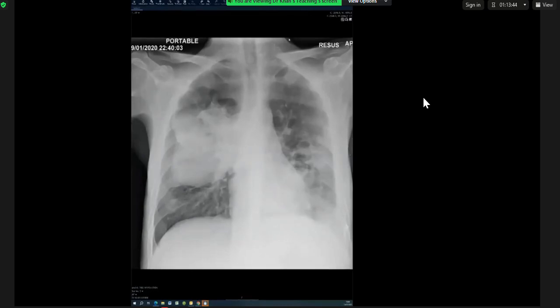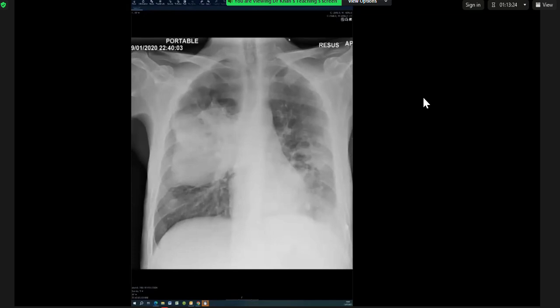Yes, I am presented with a plain X-ray of an unwell patient, skeletally mature. From the first look, I can see that there are two opacities seen in both lung fields.